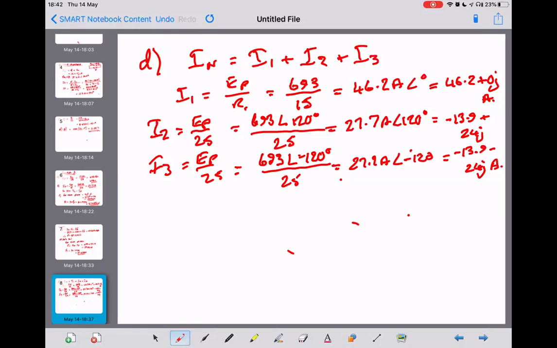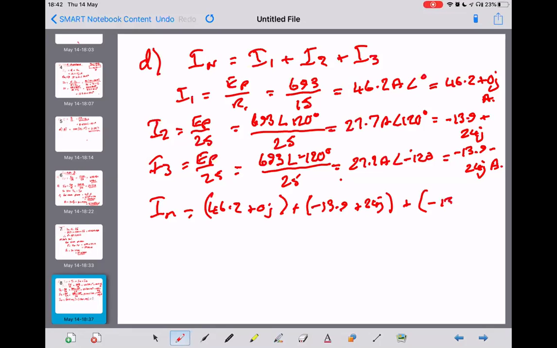And then I added them together, and I got 18.46 plus 0J amps. So IN equals 46.2 plus 0J, plus minus 13.9 plus 24J, plus minus 13.9 minus 24J.